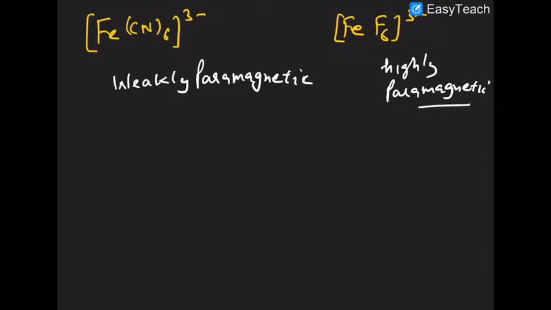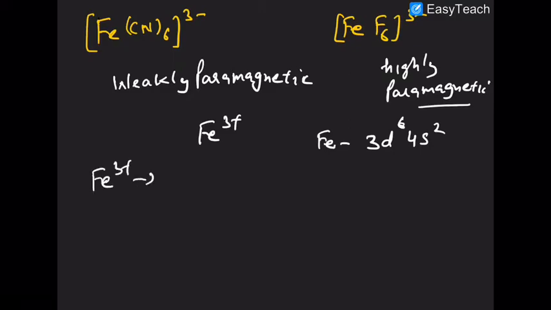Now look at how it is able to exist. In both cases, iron is in the +3 state. Under normal conditions, iron is 3d6 4s2. Now if three electrons are lost, iron 3+ will be 3d5.